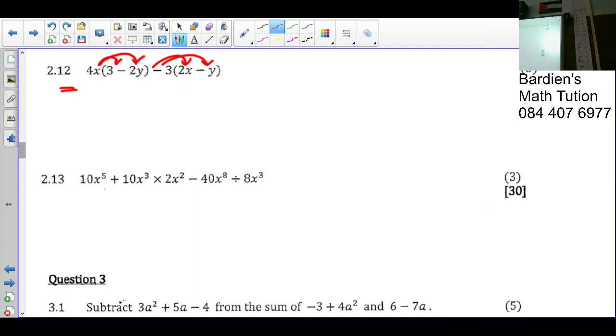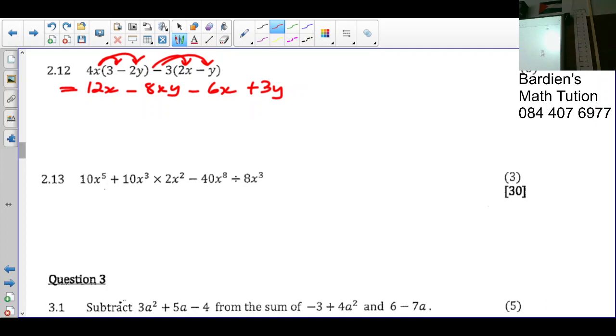So it's going to be 4x times 3? 12x. 4x times negative 2y? Negative 8xy. Not so? The next one is negative 3 times 2x. Negative 6x. Remember the negative must also be multiplied. So negative 3 times negative y, positive 3y.